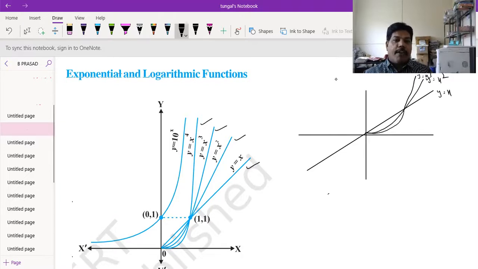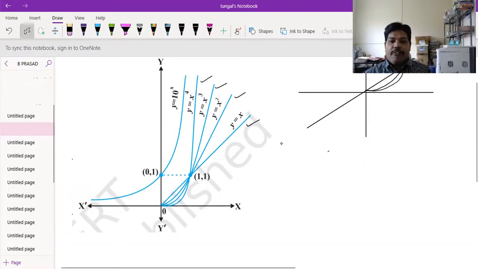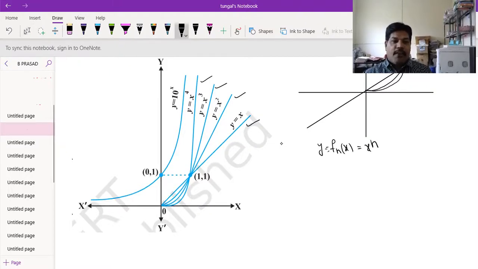These are polynomial functions. We can write them as y is equal to f n of x, that is x power n. Here, if the x value increases, the y value also increases.